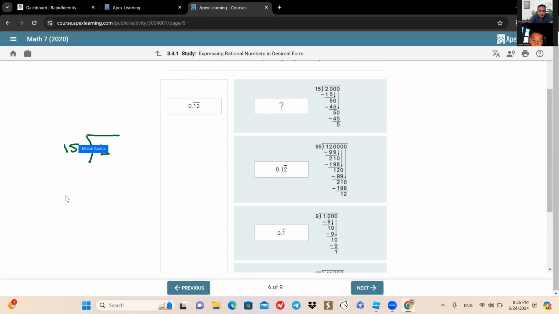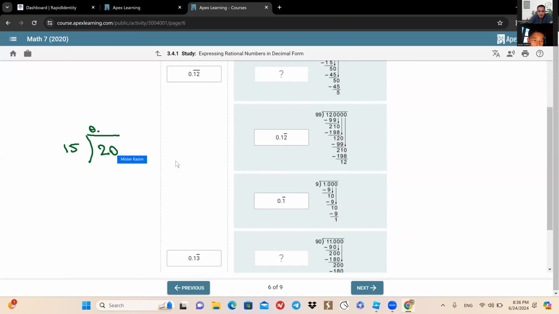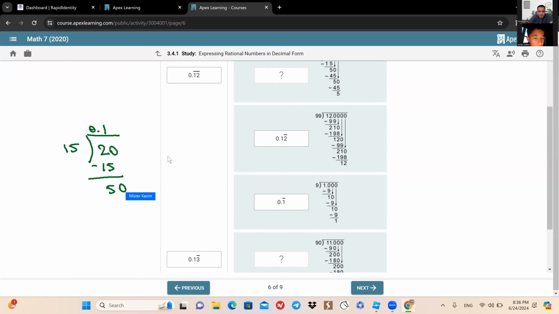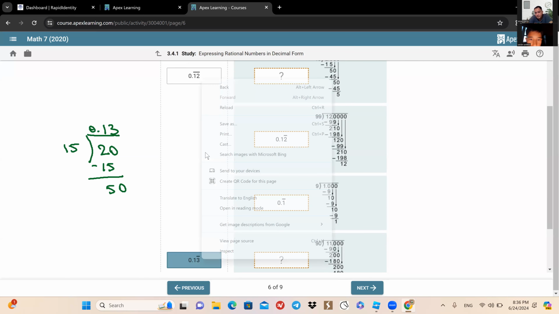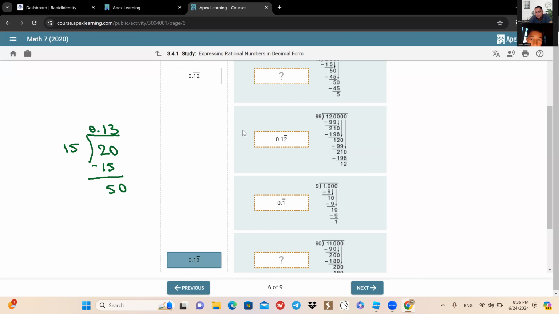That's why I put 0 here, then the point. 20 divided by 15 is 1. 1 times 15 is 15, right? Now I subtract, it is 5. And now we need one more 0. 50 divided by 15 is 3, right? Oh, this portion is not 12, it is 13. This one goes down here.